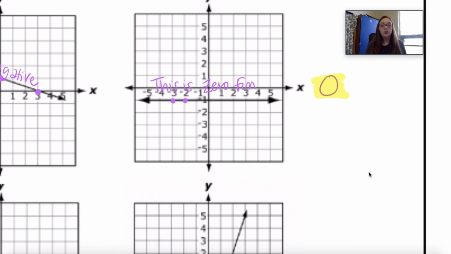If you were trying to do rise over run, well, the height of that triangle, if you thought of it that way, where the vertical change is none, you're not increasing at all. The run would be 1 unit. Well, 0 over 1 still simplifies to 0. But the easiest way to look at this one is to remember that this is that horizontal line. Slope Dude says this is 0 fun, so it's a slope of 0.